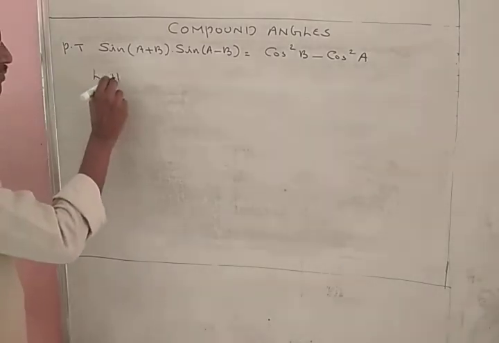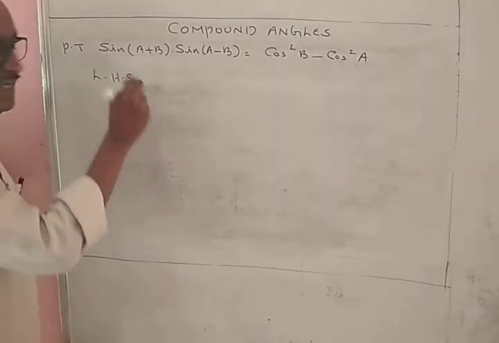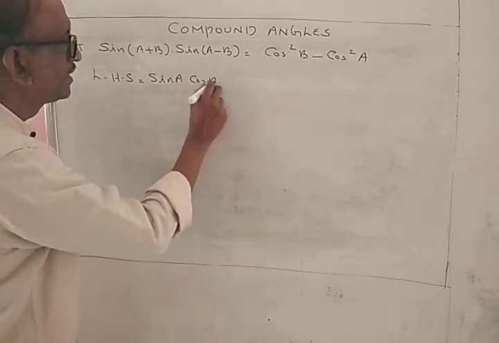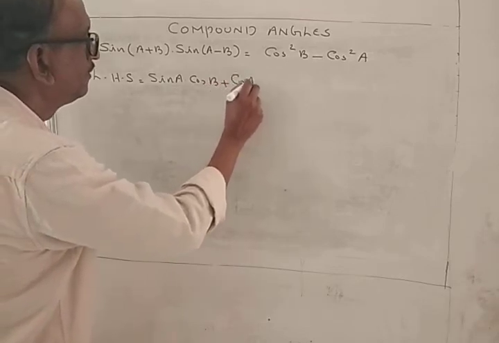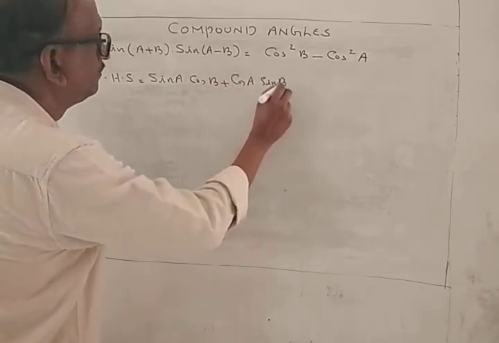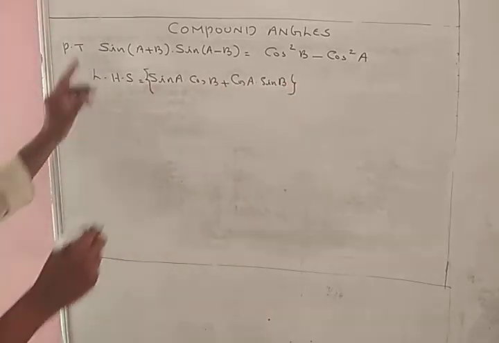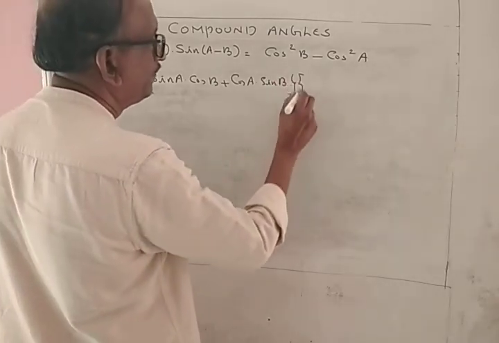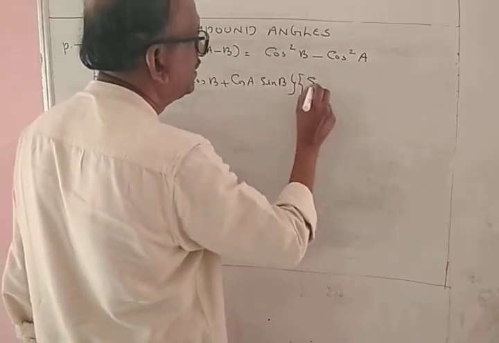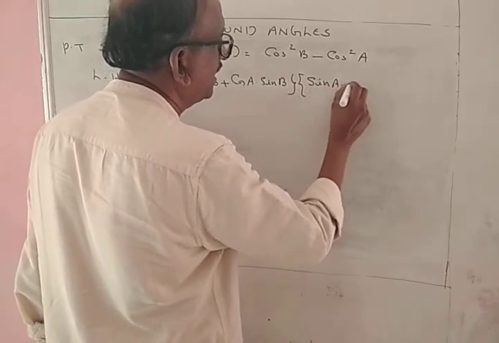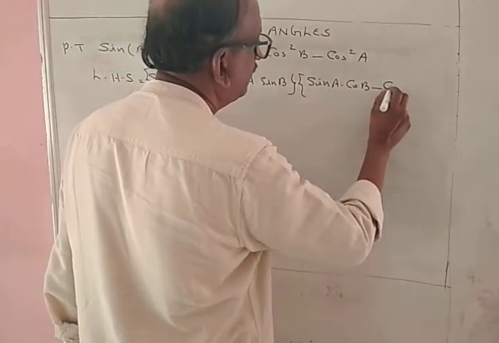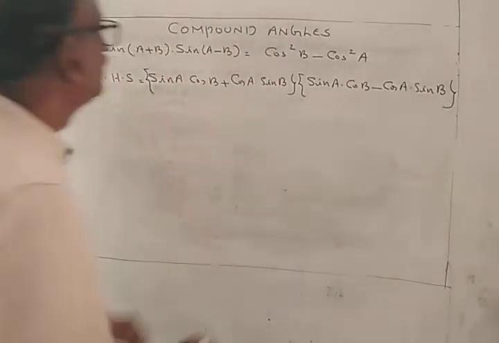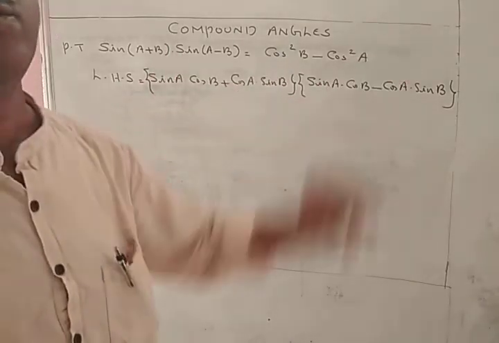LHS is equal to sin(a plus b), which is sin a cos b plus cos a sin b, into sin(a minus b), which is sin a cos b minus cos a sin b.